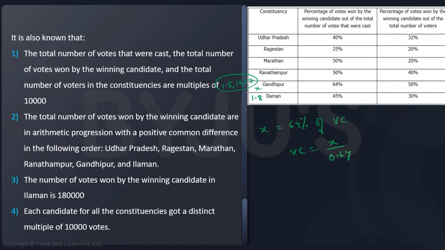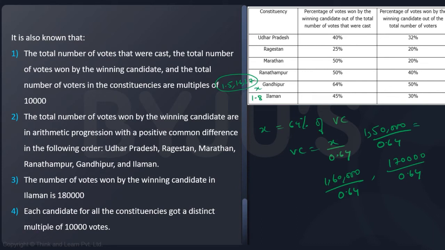So what are the three possibilities for votes cast? It is 1,50,000 by 0.64. It can also be 1,60,000 by 0.64, or 1,70,000 by 0.64.